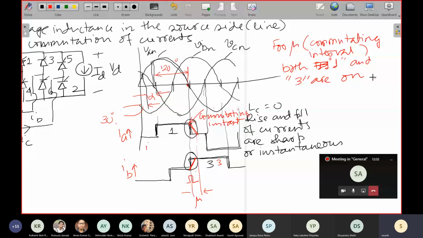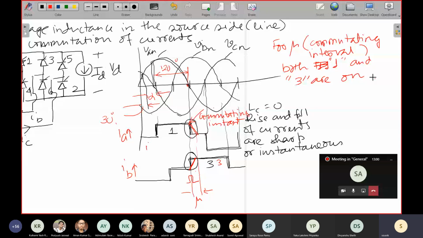It is like a relay, 1, 3, 5, 1, 3, 5, in this sequence the top thyristors are conducting, and similarly the bottom thyristors also conduct in such a sequence. So there will be 6 such transitions, but at the moment we are concentrating on the instant when thyristor 1 is turning off and thyristor 3 is turning on.